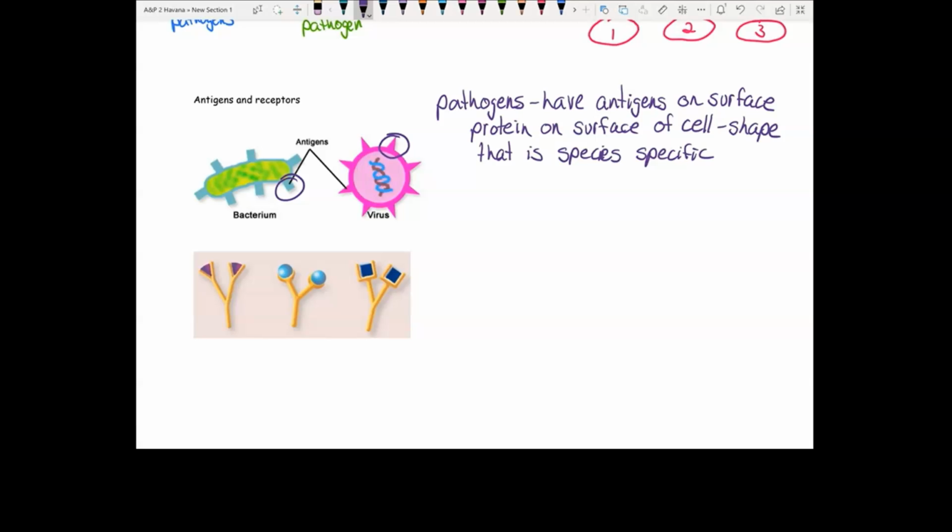We look down here at the bottom picture. These are the antigens. So we have a purple triangle, a blue circle, and a blue square. The yellow things are the receptors of your lymphocytes.